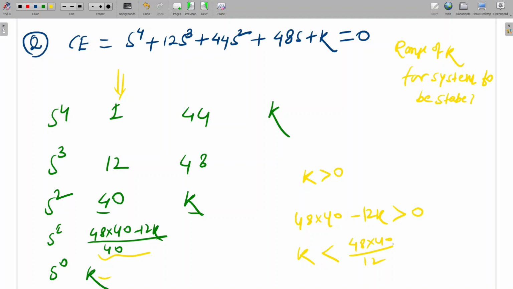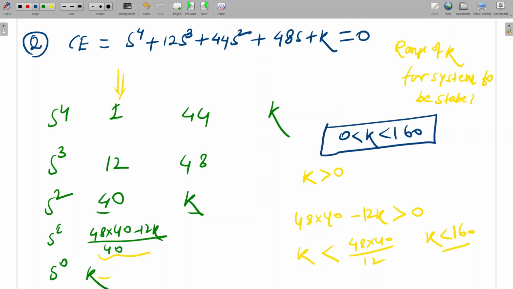That will be 160, I think. So k less than 160. The range will be k greater than 0, less than 160. If a cubic equation is there, directly we can apply the internal external product. For this kind of question, we should apply this one. Is it clear?